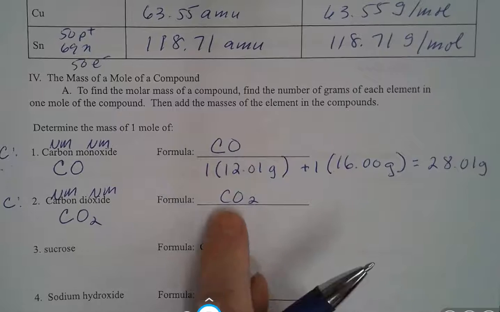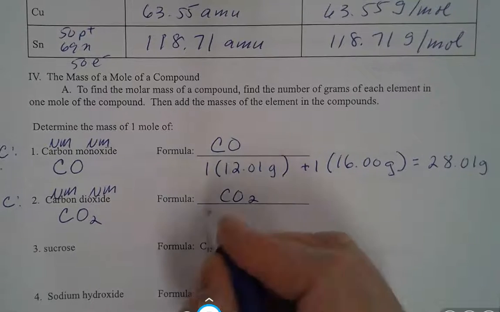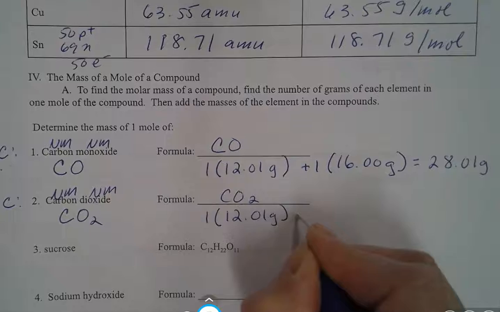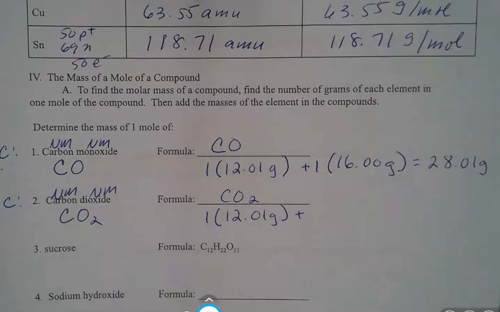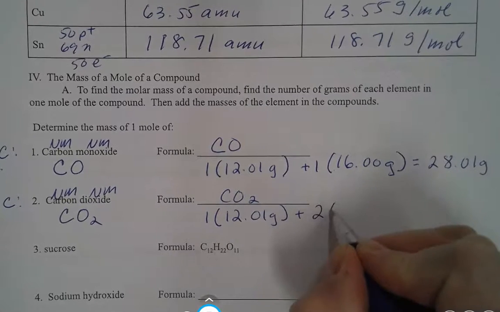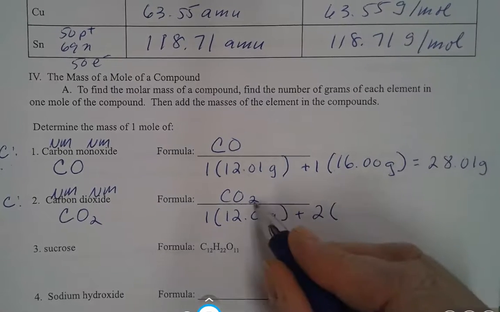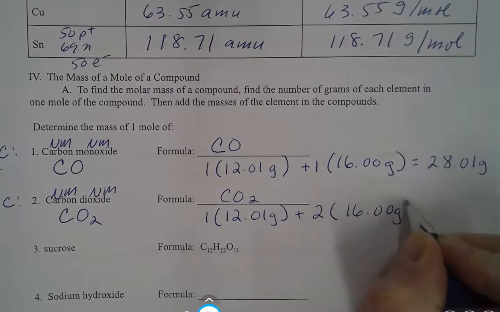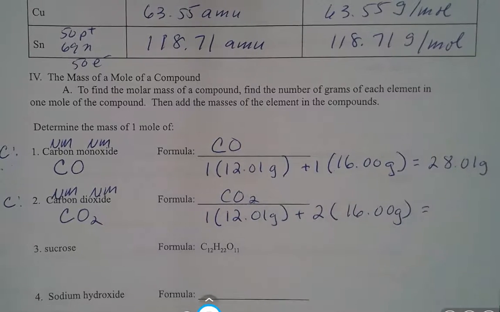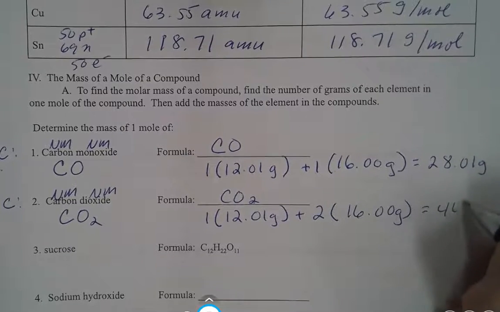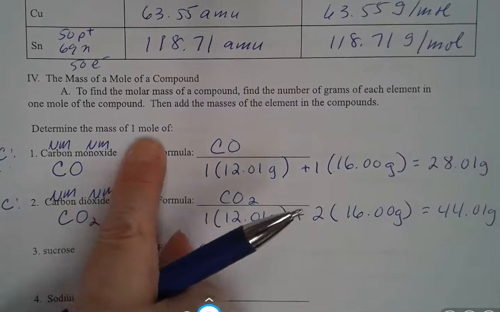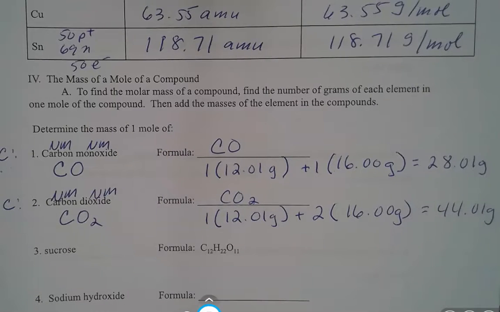I have one carbon, and each one was 12.01 grams. And then I have two oxygens, the 2 here means two oxygens, and it was 16.00 grams again. If I get out my calculator, I get 44.01 grams. So 1 mole of carbon dioxide weighs 44.01 grams.